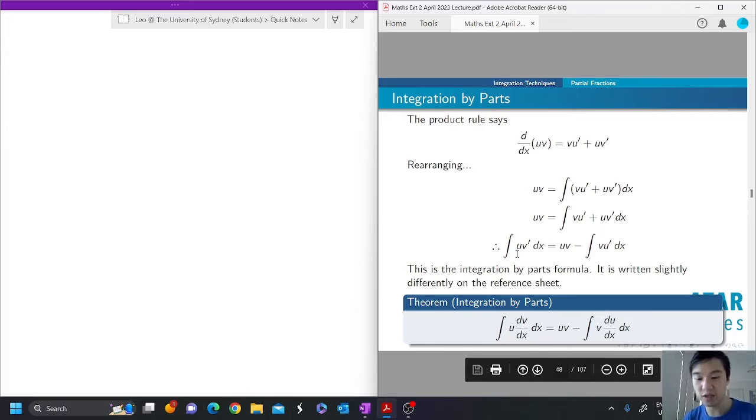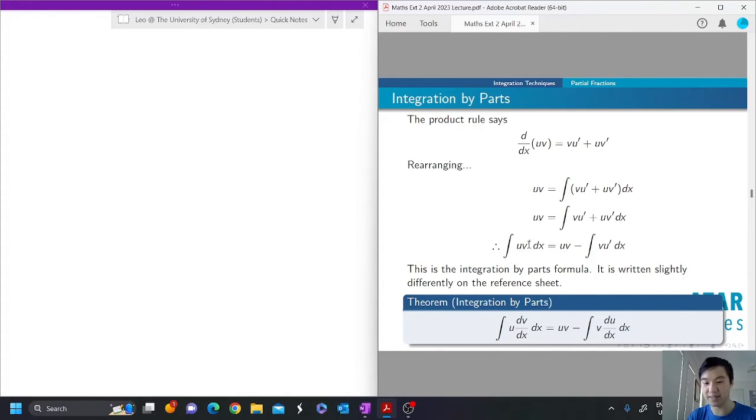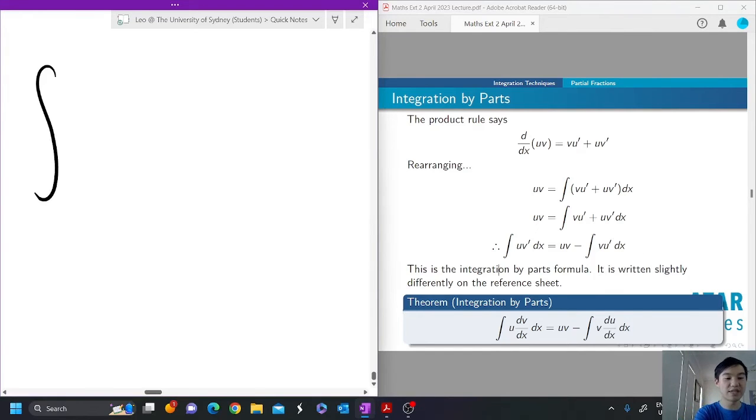So basically it's saying if you have an integral where you could express it as one of them is u, the other one is v dash, then, using a rearranged product rule, the integral of this is the same thing as uv minus the integral of v u dash. So if you have an integration of two things, you just want to figure out which one is u and which one is v dash.